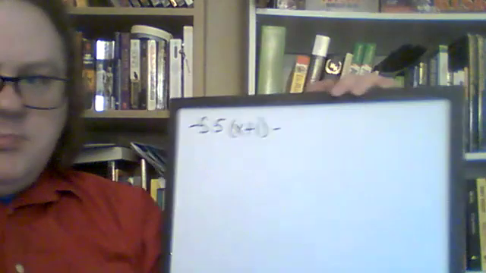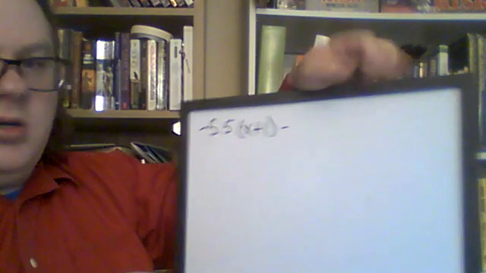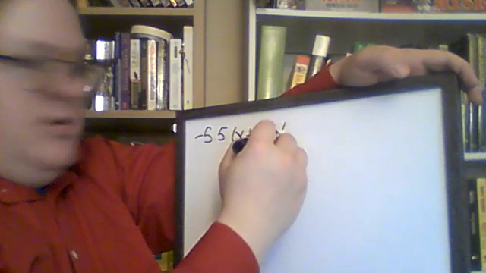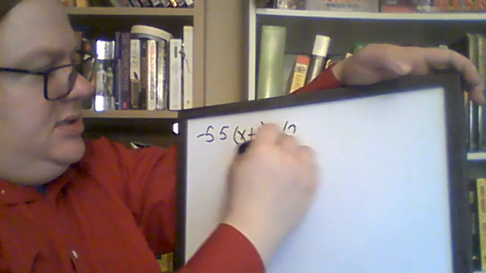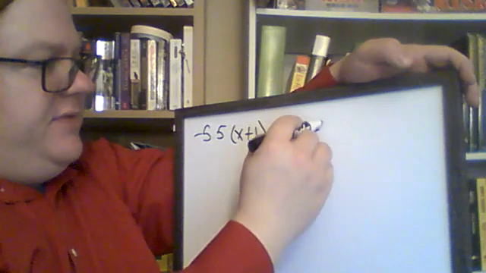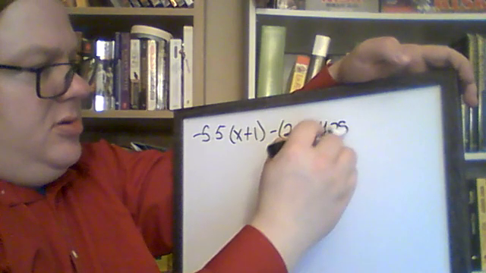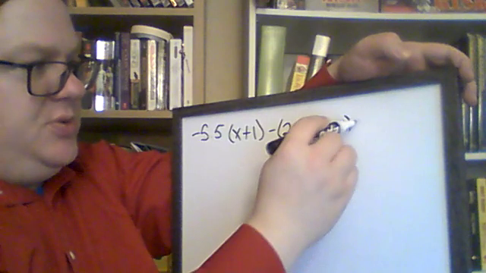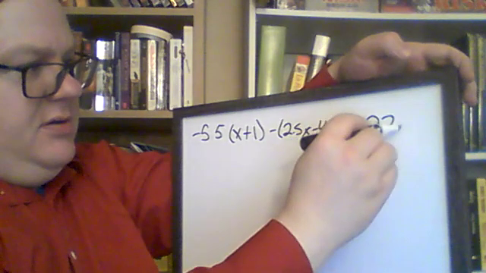How am I going to do this? That ought to work. Okay. Minus 2.5 x minus 4.25 close parentheses equals 22.75.